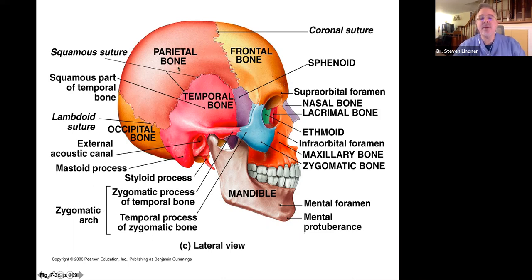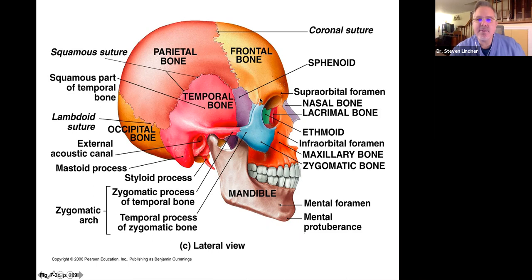These are important because when we do the brain, which is for the final exam, the brain has a frontal lobe, a parietal lobe, a temporal lobe, and an occipital lobe. So again, the bones are protecting that major organ and specific regions of it.